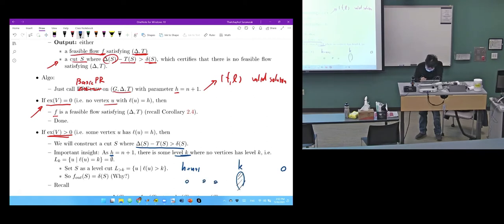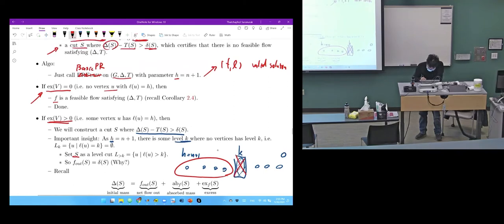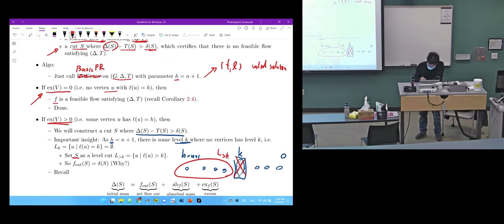There are some vertices here, but nothing is at level k. And now I will define our cut S. Our cut S is all the vertices that have level more than k.